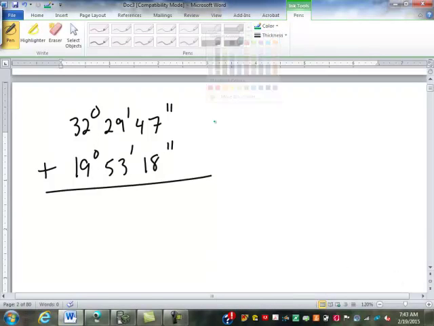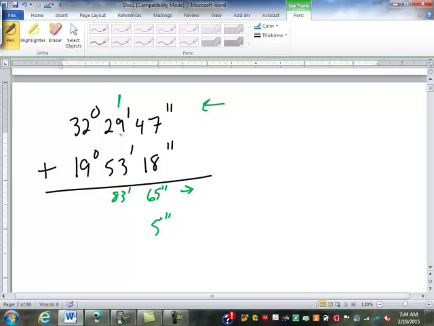So if we start going right to left, we're going to start with the seconds. 47 plus 18 is 65. Now, of course, that's more than a minute. We got the 5 seconds, and the 60 seconds makes 1 minute. So we're going to carry the 1. So 1 and 29 is 30, plus 53 is 83.